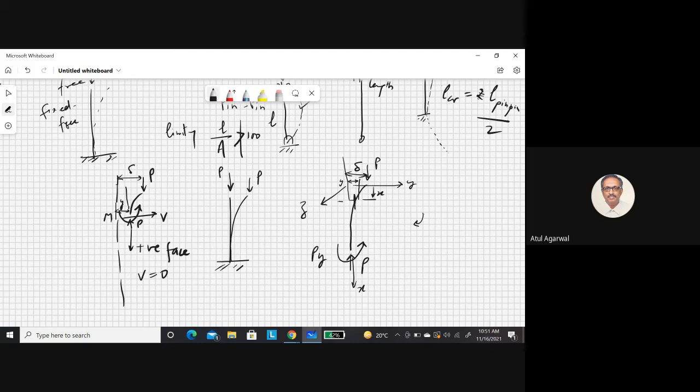And if you take moment about this point, then these two are making a couple, and this is making a moment. It is a clockwise moment. So what is the value? P into delta minus y. Since it is a clockwise moment, it is the minus sign. And this bending moment you have applied here, bending moment is positive, static sign convention wise, and it is counterclockwise. Plus M is equal to 0. It implies M is equal to P into delta minus y.